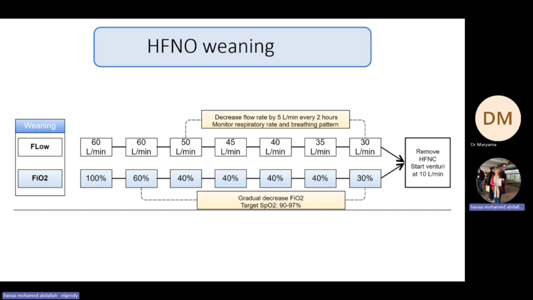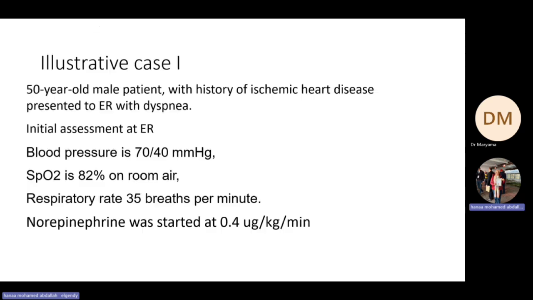So we have to decrease FiO2 gradually to reach the target saturation of 90 to 97, and we decrease the flow by 5 liters per minute every 2 hours, and we monitor the respiratory rate and the breathing patterns, which are the most important issues during monitoring of our patient. When we reach flow of 30 liters and FiO2 30%, with saturation 90 to 97, we can go to start Venturi at 10 liters per minute.